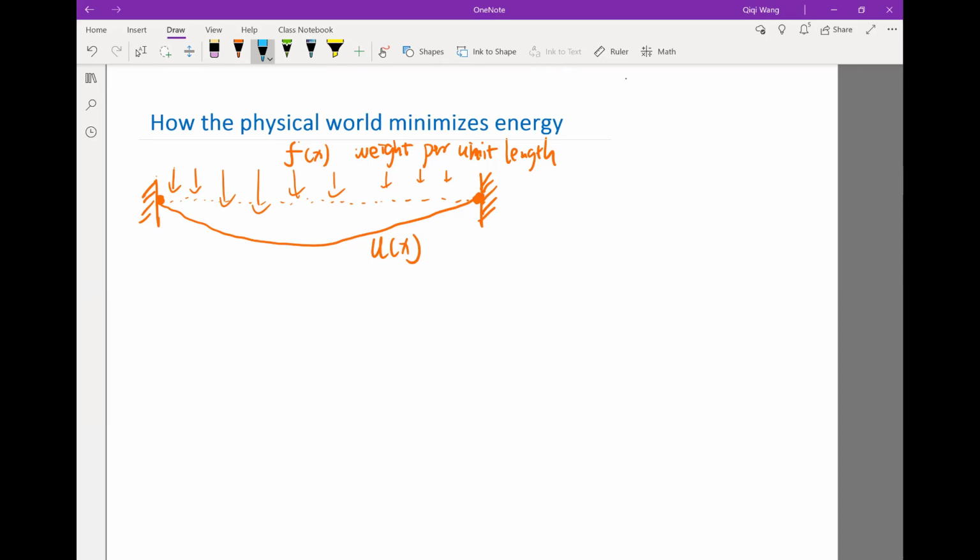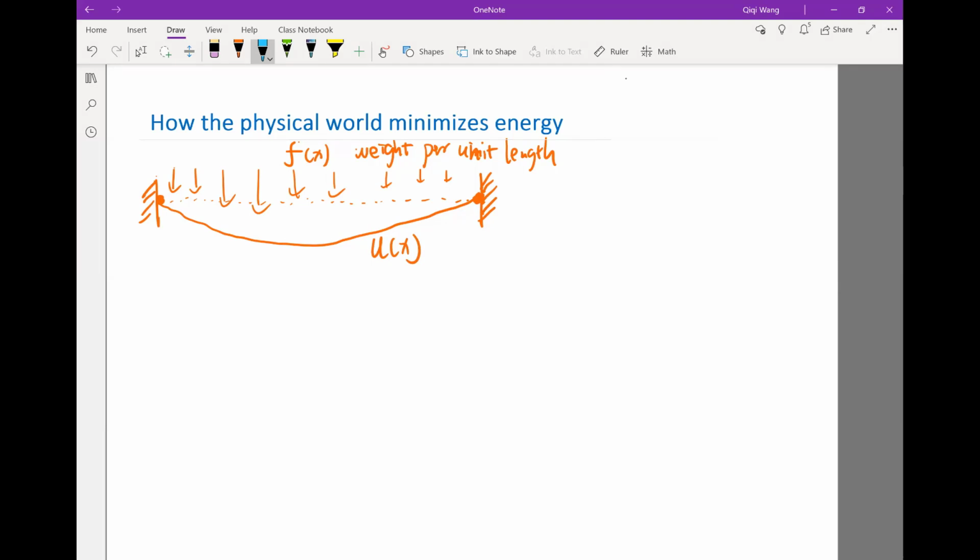The microscopic analysis directly leads to a differential equation, while a macroscopic analysis leads to an energy minimization problem. And the energy minimization problem can also be converted naturally into a differential equation. So let's actually pursue the energy minimization strategy first and see how this goes.